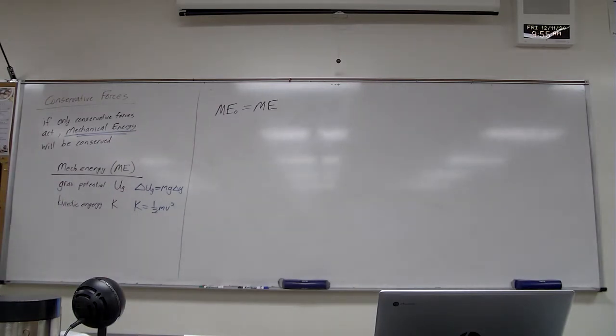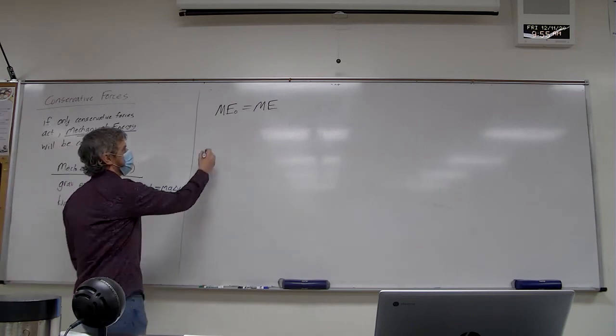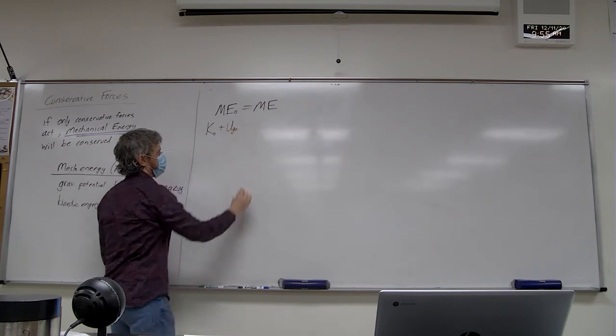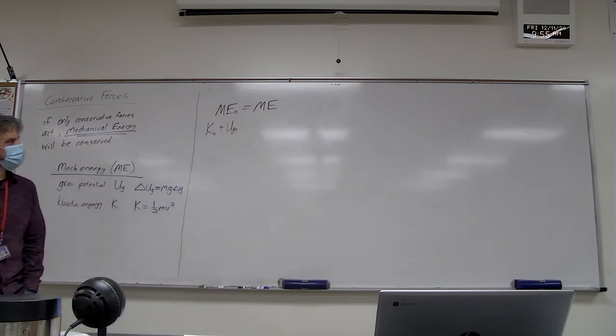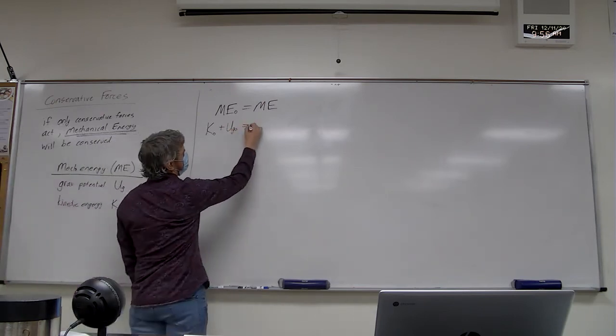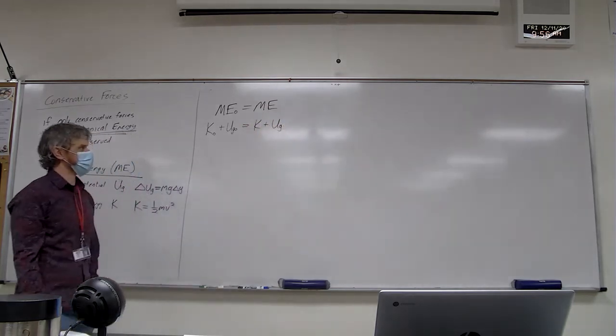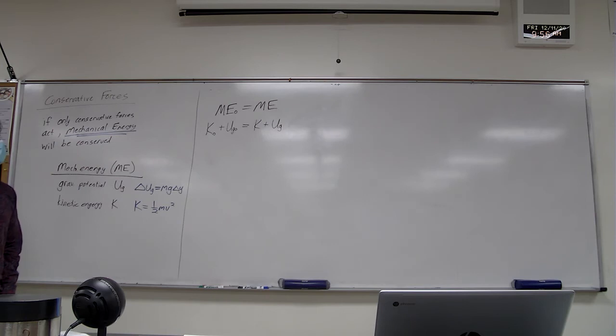And until you're really feeling good about this, I would expand this equation out every time: the initial kinetic energy plus the initial gravitational potential energy, K naught plus UG naught, equals the final kinetic energy plus the final gravitational potential energy. More often than not, at least one of those is going to be zero.